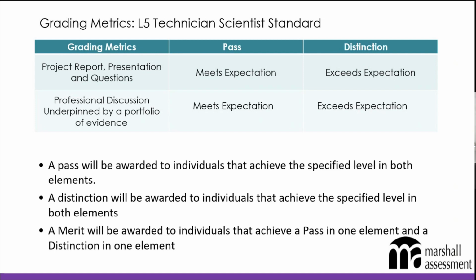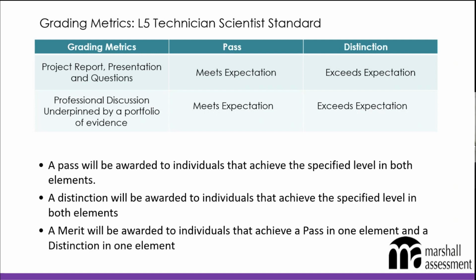That will get you, as you can see in the table there, a pass grade overall. In order to get distinction overall, you need to get exceeding expectations in both of those assessment hurdles. If you get a combination of meets expectation and exceeds expectation in any variation of the two, then that will overall become a merit grade for you. So that's what will be awarded.